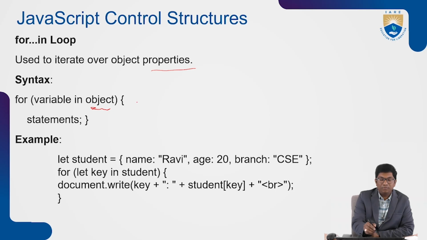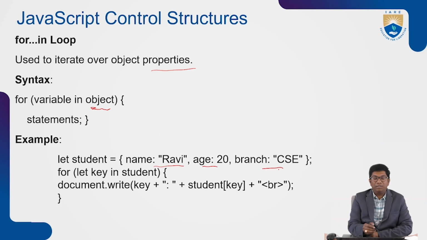See the simple example we are taking here: student = name Ravi, age 20, branch CSC. So the key is name, and the value is Ravi. So: let key in student, document.write key plus student[key] plus break. So here, based on this key, for example, name is the key.